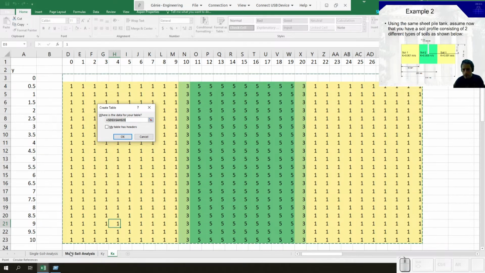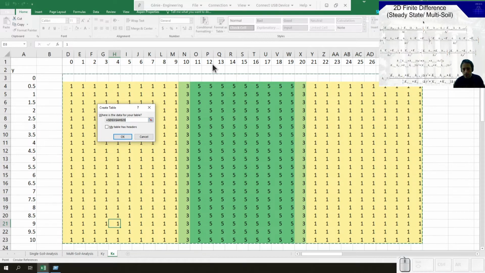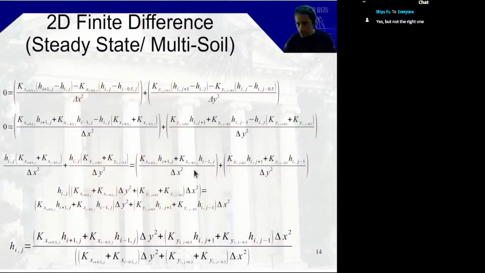So what was again the multi-soil analysis that we had established for our problem? So let's go back. We could redo it all again, or we could just go to what we had last time and see that it's basically a weighted average where the values of the delta x and delta y are also multiplied.